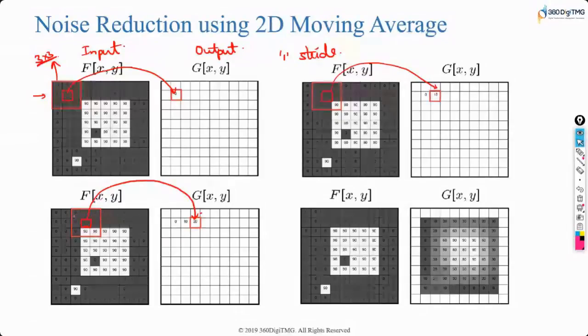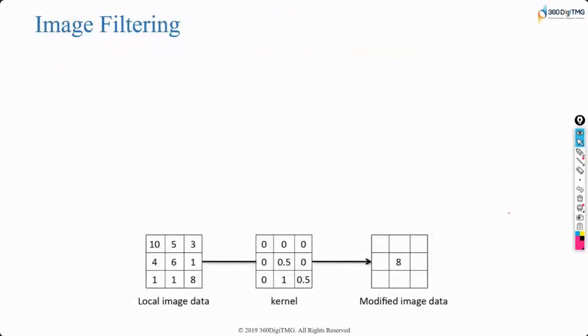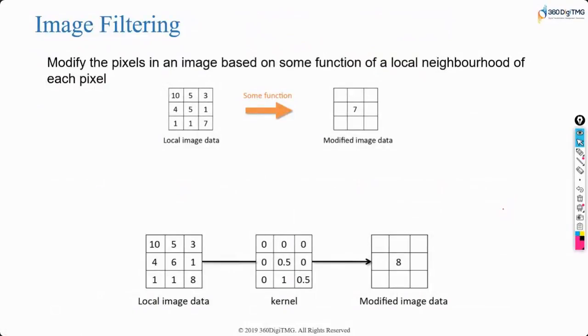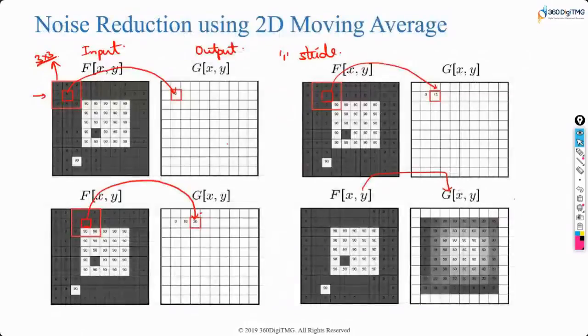If you keep moving your window 1 pixel at a time, 1 pixel at a time, 1 pixel at a time, then you get an output image like this. Why are we doing this? I'll explain. I'll get there. That's one way of applying.